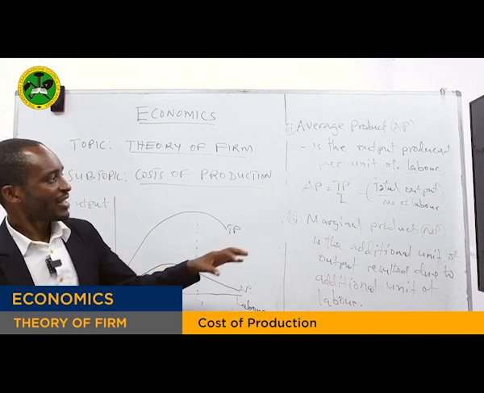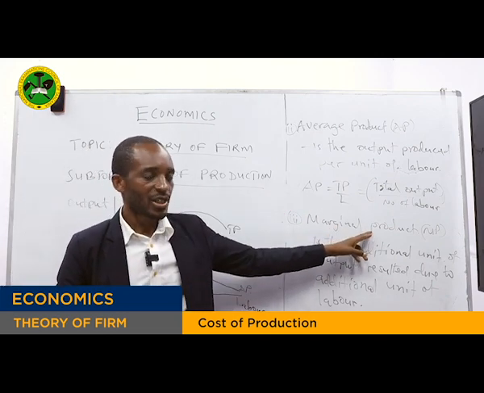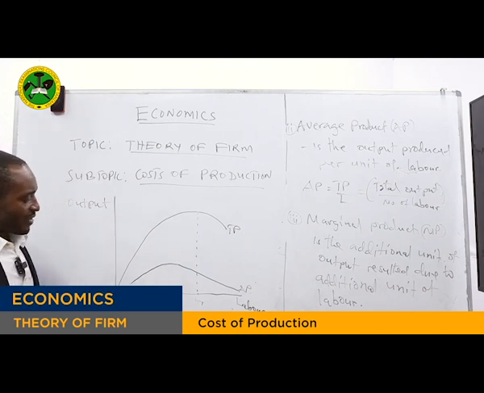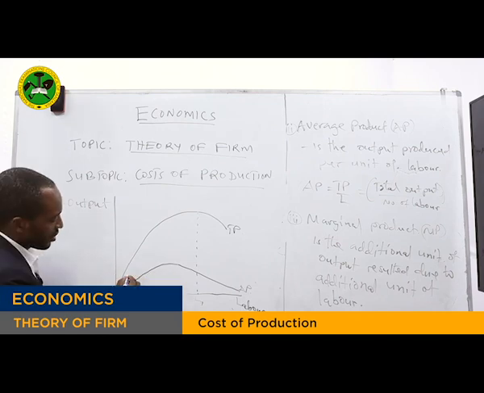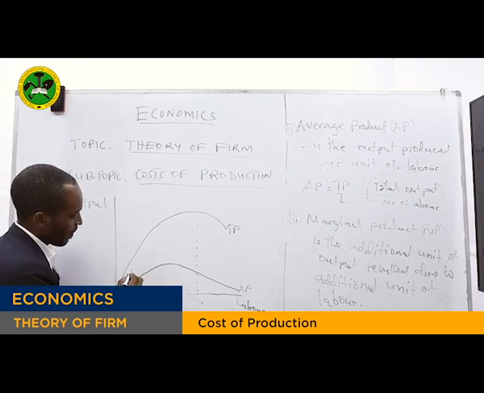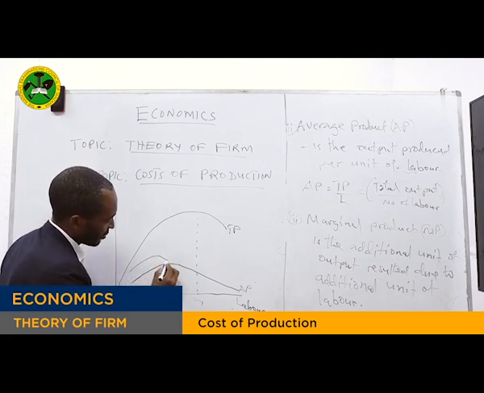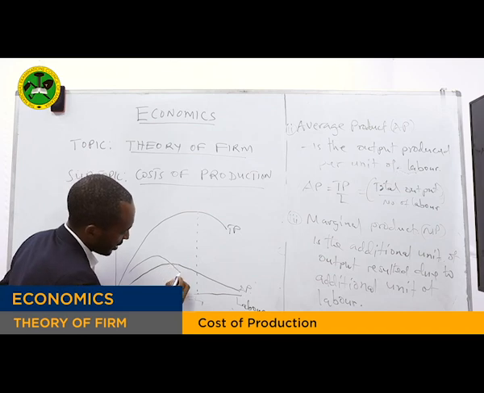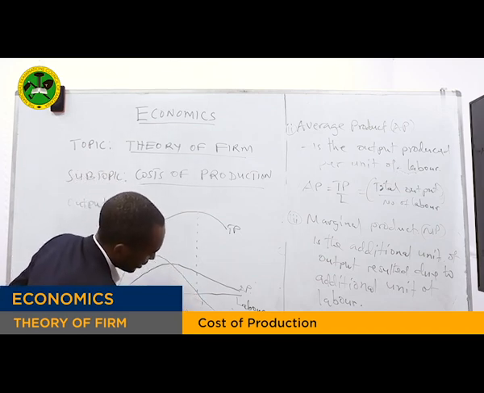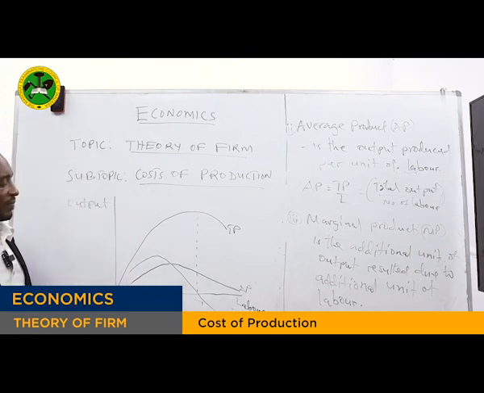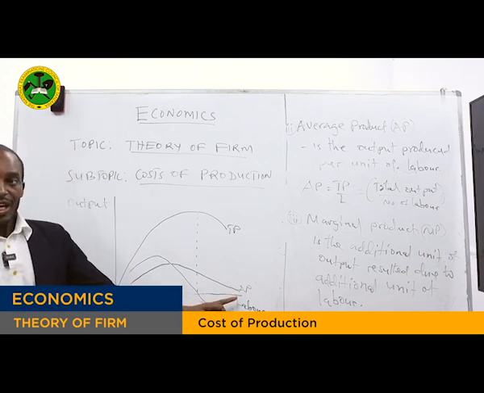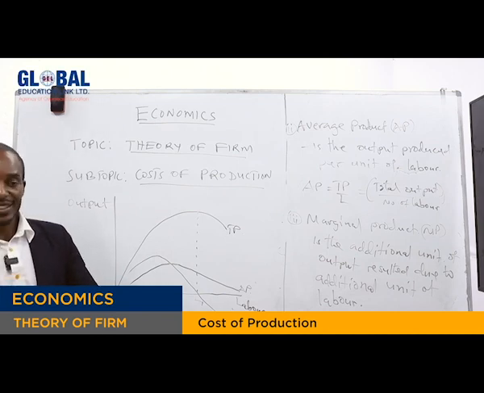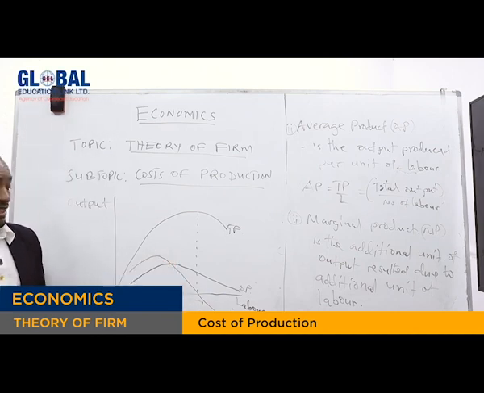Also, we have the marginal product curve. This will be above the average product, will start increasing sharply, then reach a maximum, then start to decline, up to the negative MP. So when the average product and the marginal product intersect, the average product will be at a maximum.